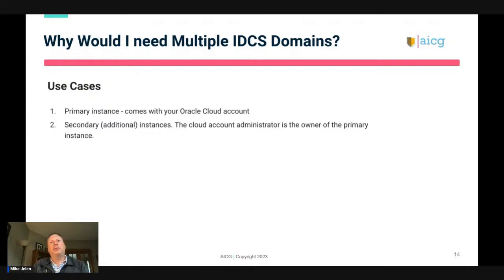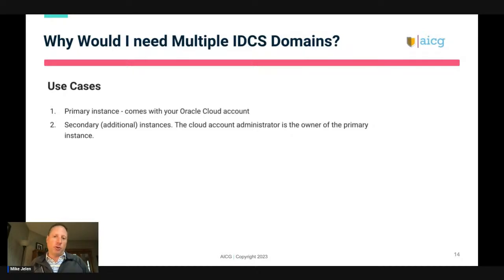So you do have to remember, when it comes to the IDCS domains, there's one by default that comes with your OCI account, which makes sense. But if you want secondary or additional instances, you have to create them yourself. And it's really the cloud account administrator that's the owner of that primary instance. So whoever the main person is that owns your OCI account. And when I say own, internally, you're going to have somebody that pays for that account.